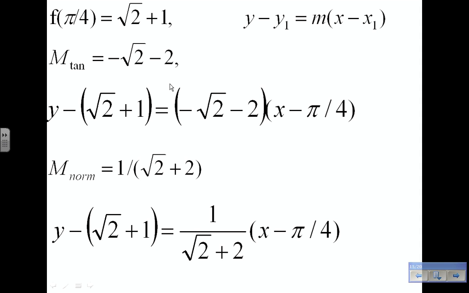I only use the point slope formula when I'm using exact values and there's a lot of radicals. Other than that, I would still use y equals mx plus b. It's easier to work with, it's much more compact, and you get a cleaner answer. Okay? But that's fine. You don't want us to solve those and actually find the line.